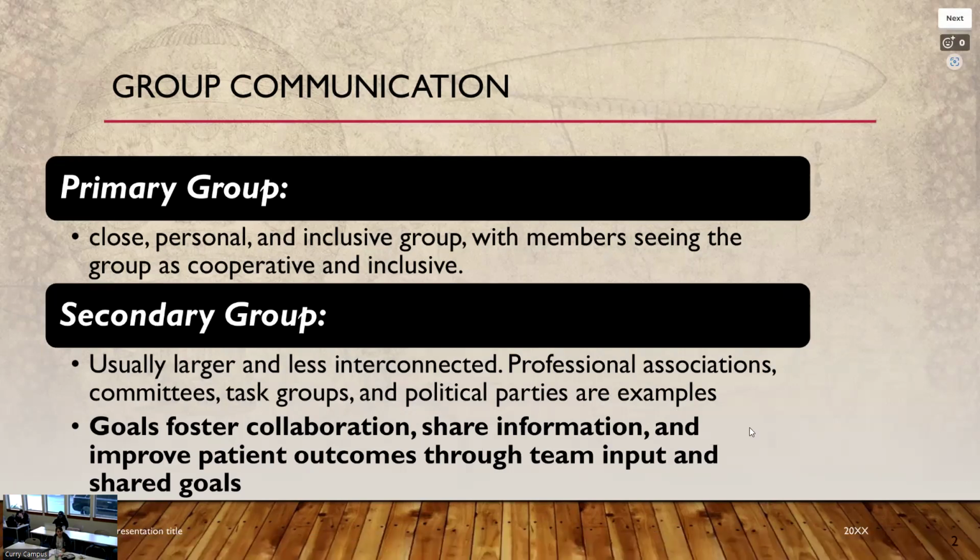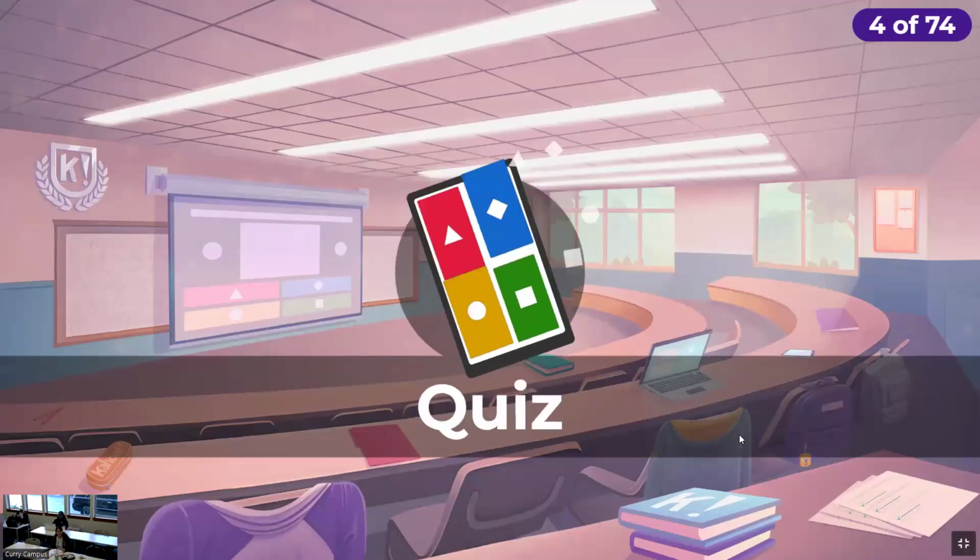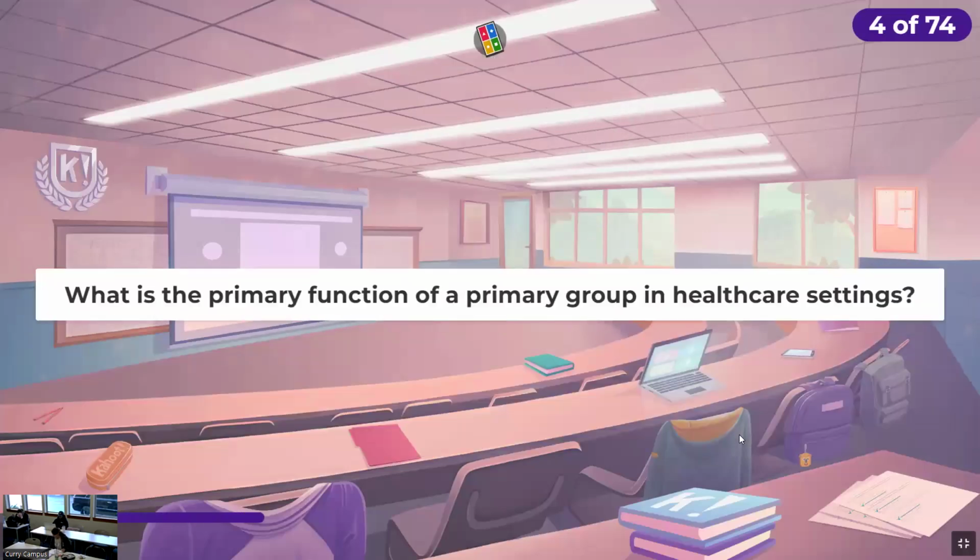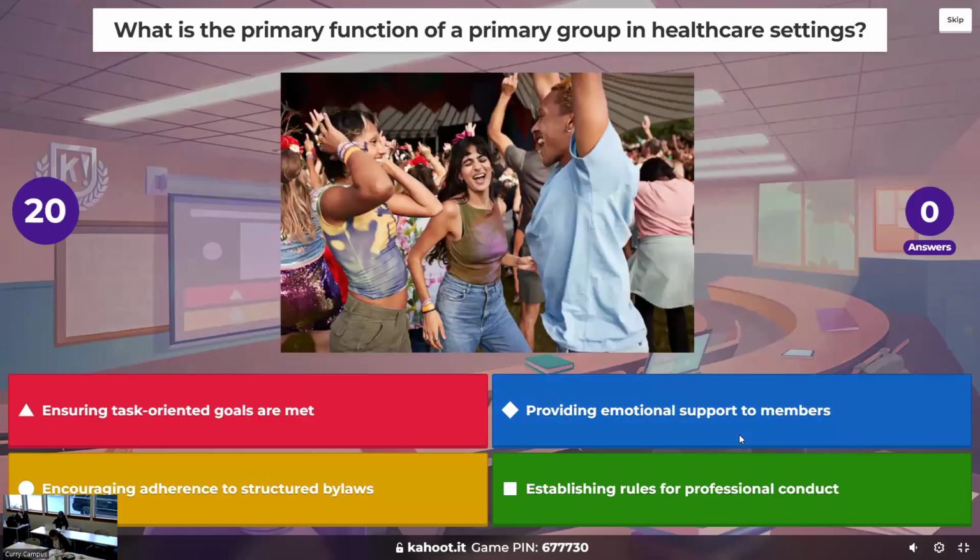I think we have one more slide before we go to the question. The quiz, okay. All right, so what is the primary function of the primary group in healthcare settings? And you have 4 choices here. Hopefully you can see that with my shadow not in the way.